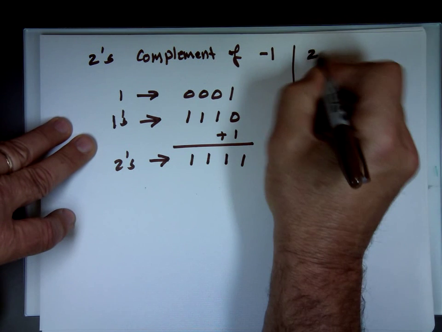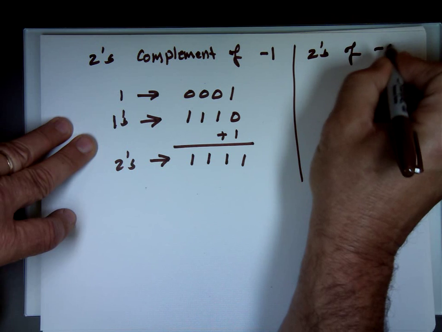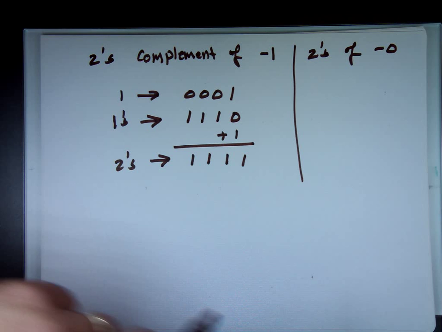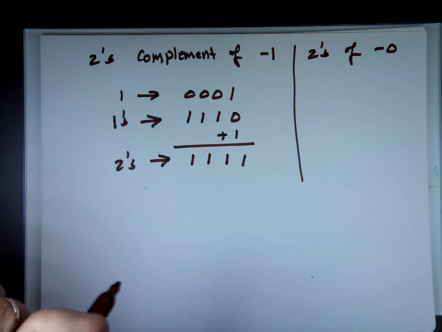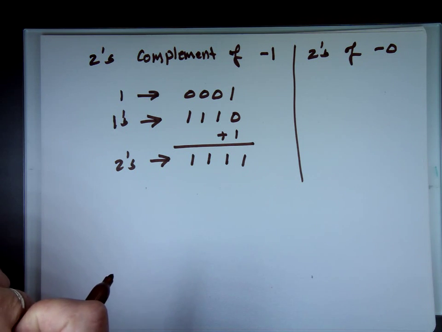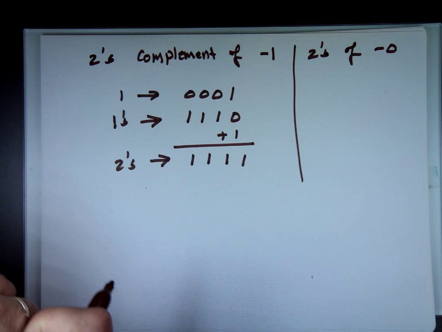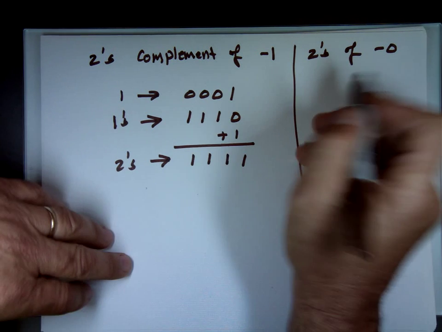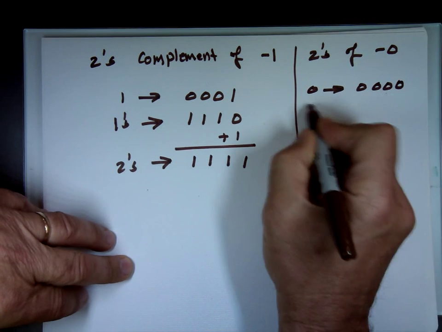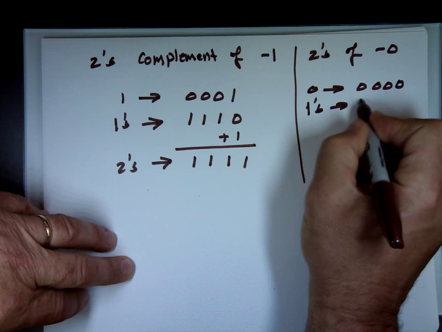Two's complement of -0. Let's try that too. Zero is what? 0, 0, 0, 0. 1's complement is what? 1, 1, 1, 1.